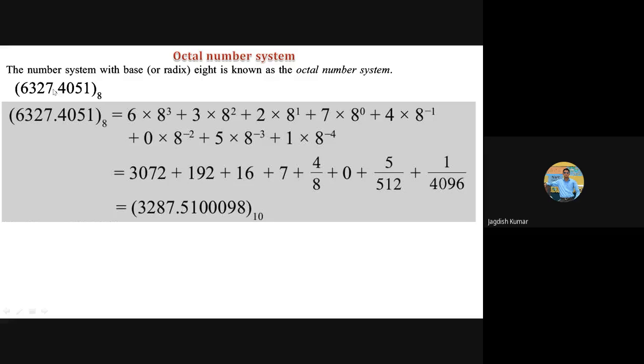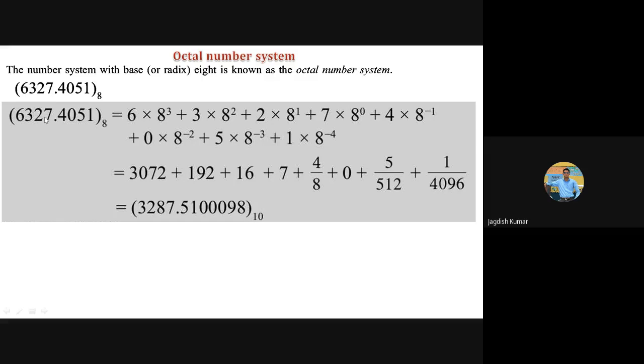Just like b raised to the power 0, b raised to the power 1, b raised to the power 2, b raised to the power 3, and so on. Similarly, the weights for the digits after the radix point will be 8 raised to the power minus 1, 8 raised to the power minus 2, 8 raised to the power minus 3, 8 raised to the power minus 4, and so on.